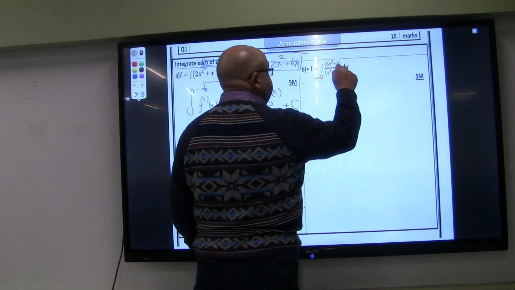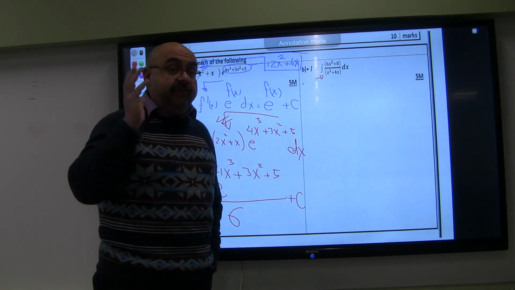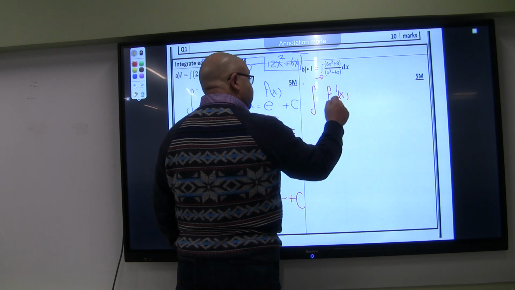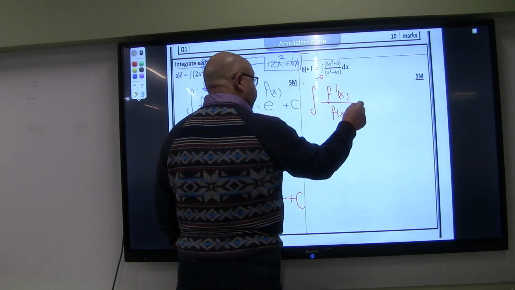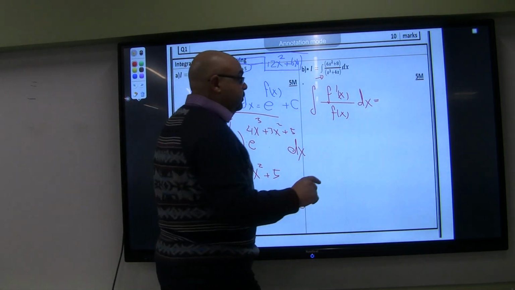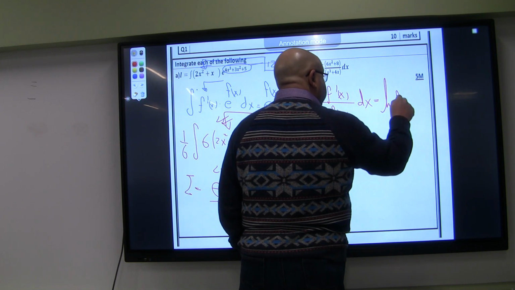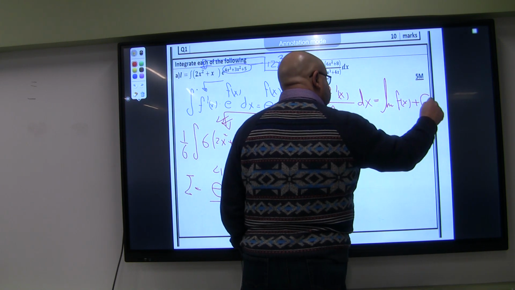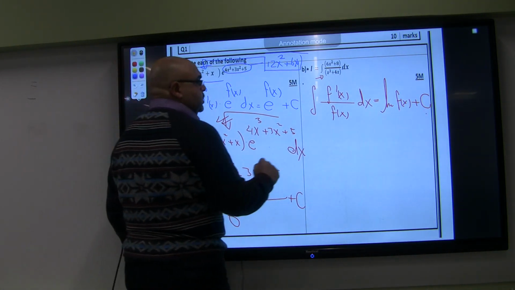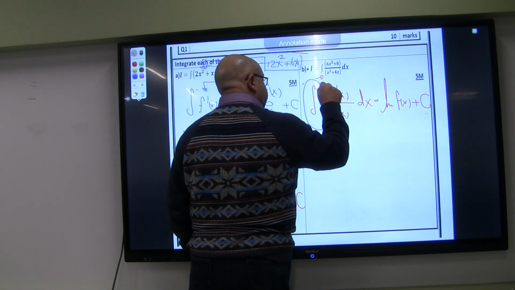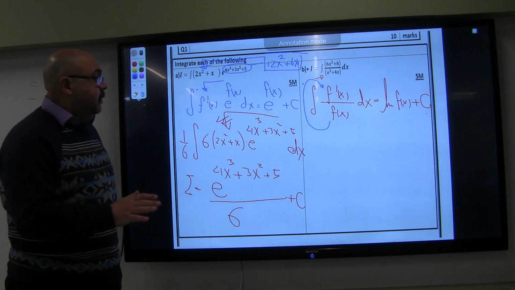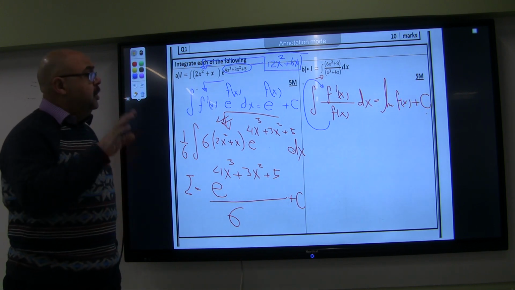Remember also the main law that states that when you are integrating f dash x divided by f of x with respect to x, the integration is going to be really very simple. It's going to be ln of f of x plus a constant of integration. This happens if the condition is satisfied, that the derivative of f of x already exists in the numerator. Once the denominator's derivative exists in the numerator, it's a piece of cake.